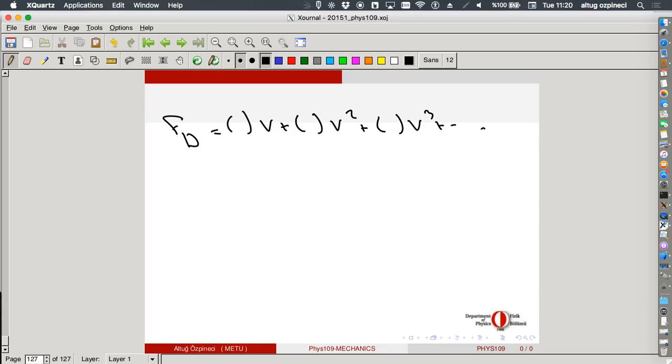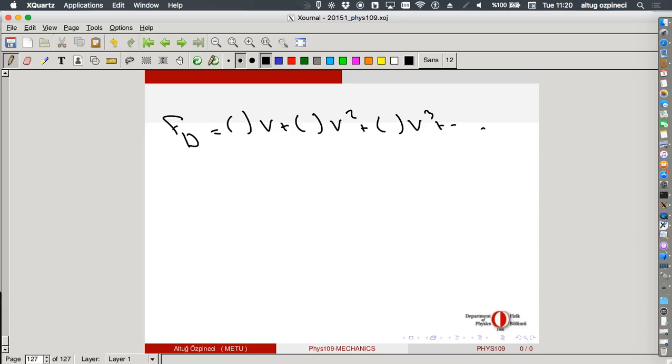Now, if velocity is large, then this term will be larger than this one. Because if velocity becomes twice as large, this v squared becomes 4 times as large, whereas this one just becomes 2 times as large. Depending on these exact coefficients, you can determine at which value of v this term is more important than this one.